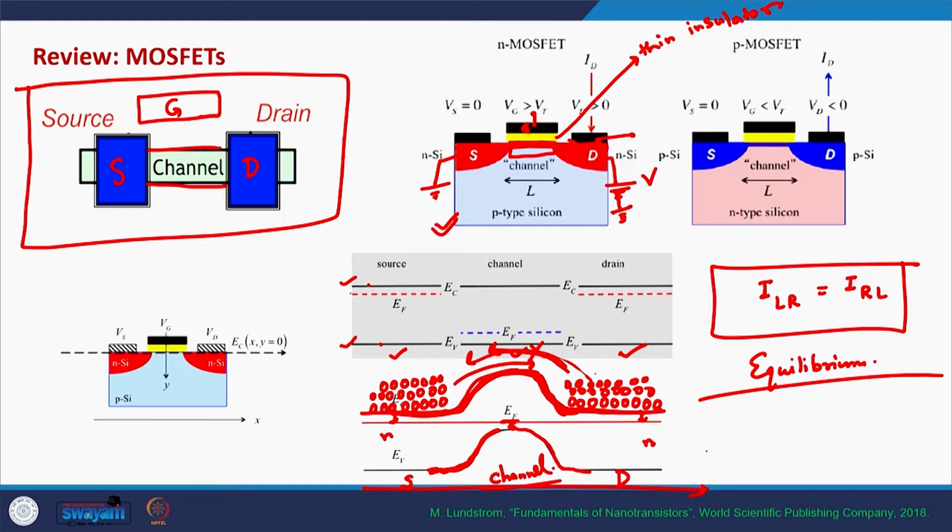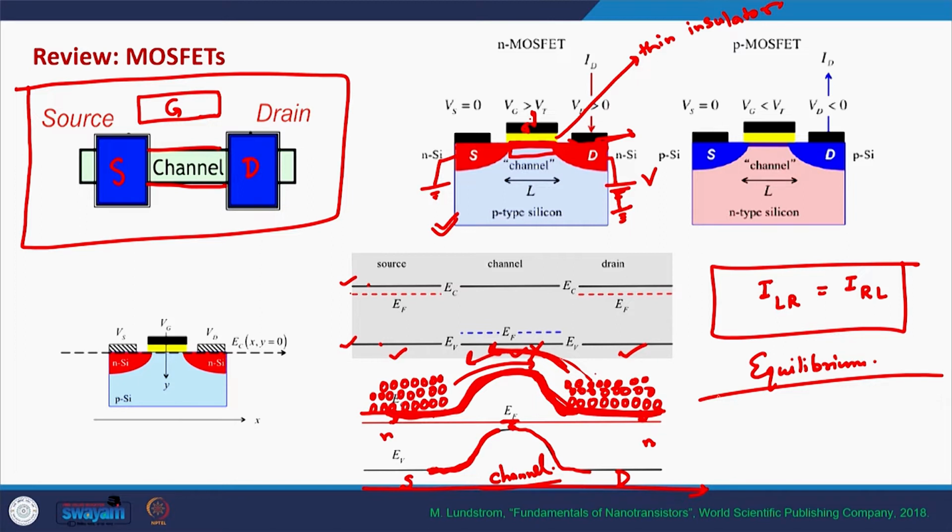So when we apply voltage either on the gate terminal or on the drain terminal, the barrier inside the device is changed.